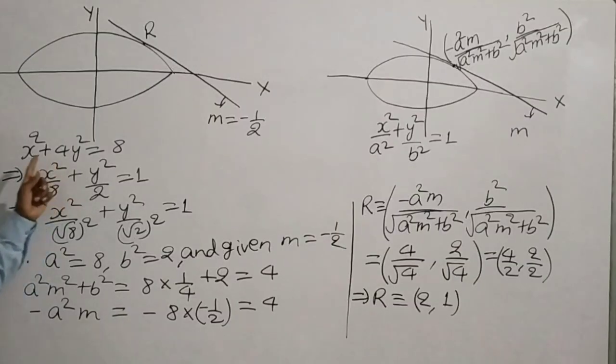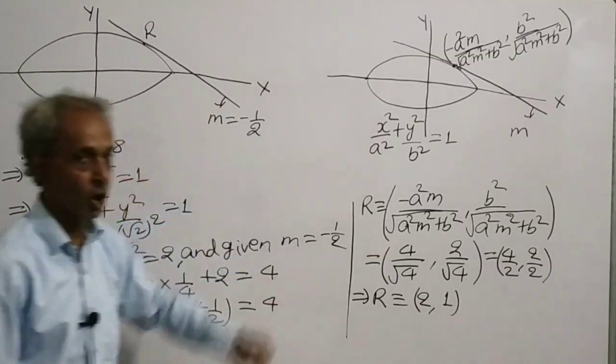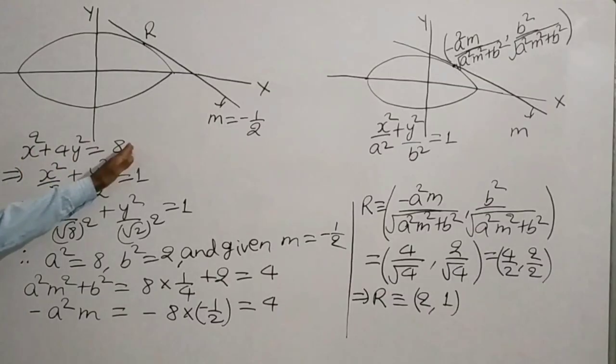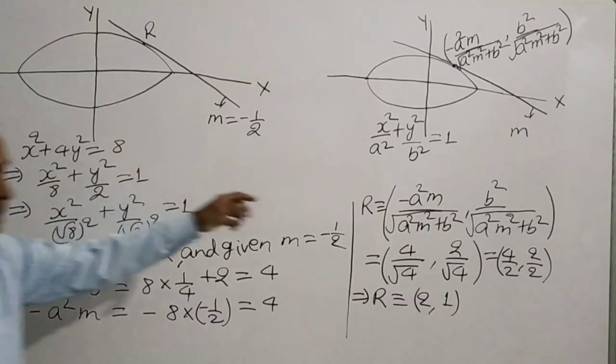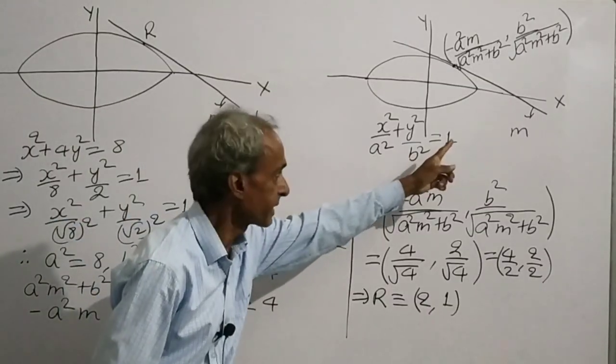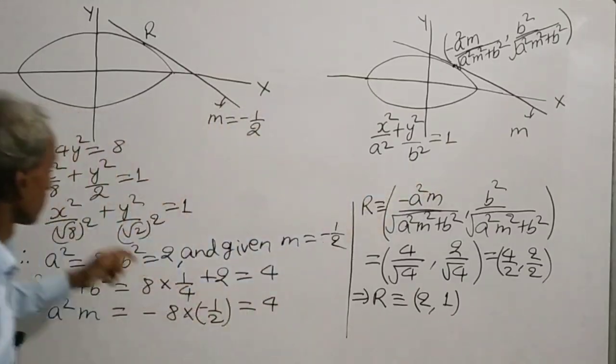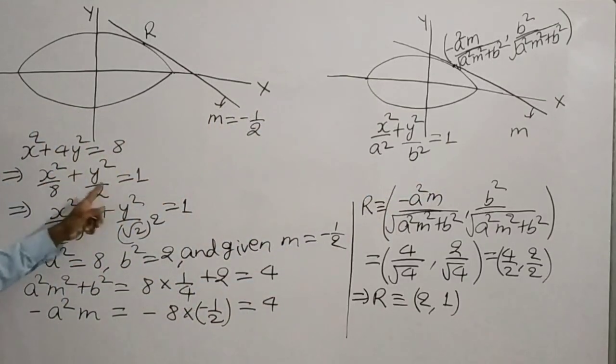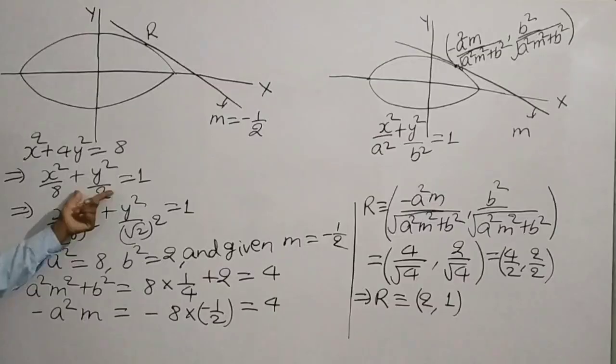This equation of ellipse is given in this question. First, we convert this in this form. Divide both sides by 8 so that in RHS we can get 1. Dividing both sides by 8 we get this.